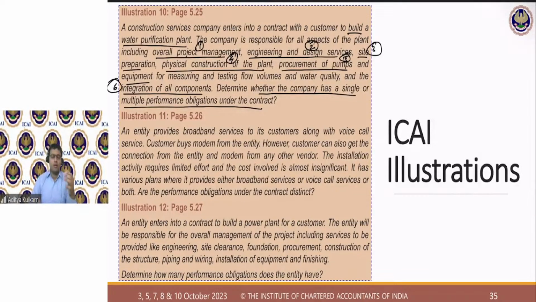Do you think you are going to get separate bills like this, or do you think you will get a single invoice stating that construction of water purification plant, that contract will be there wherein the price will be mentioned? What do you think will be done? Obviously, the second part. It is a simple water purification plant construction. And therefore, this is a single integration activity.